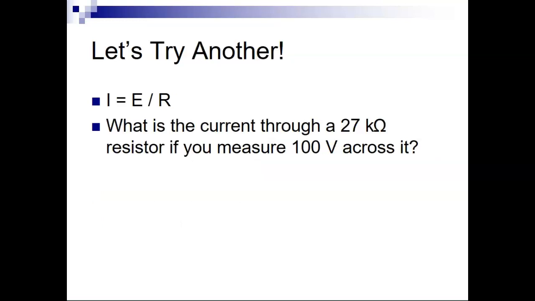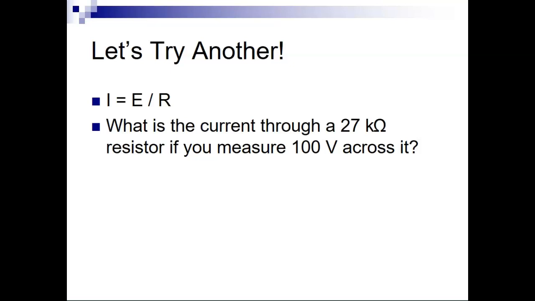So we have I is equal to V divided by R. We start with 27 kilo ohms as the resistance. What is the current when you use 100 volts across it? That'll be 3.7 kiloamps.